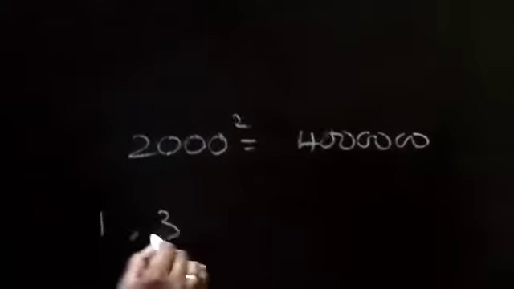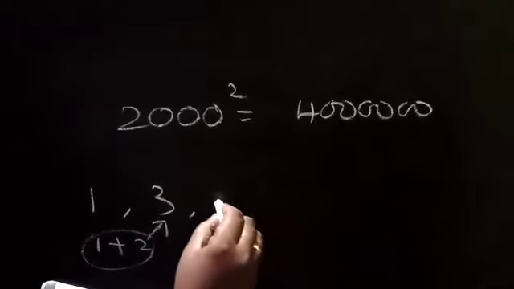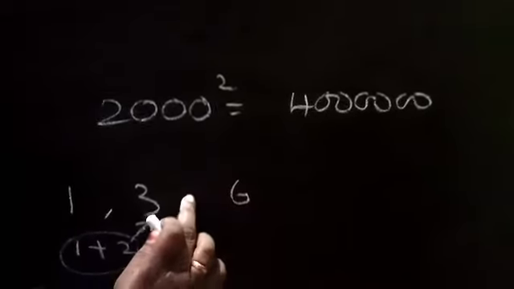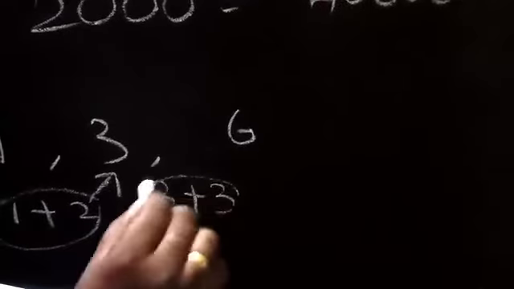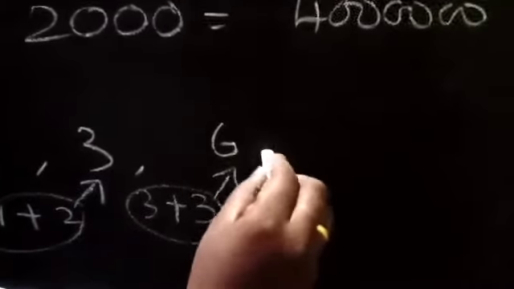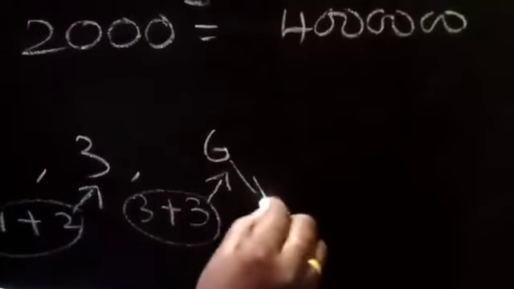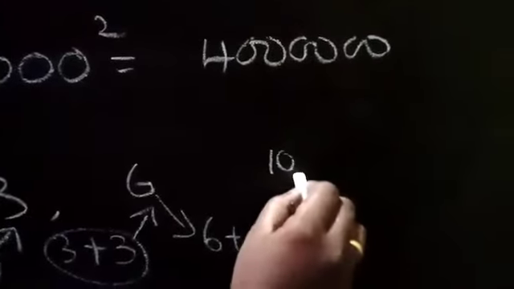See 1, 3 means 1 plus 2 will get 3. Next number 6 means this 3 plus, this is third, no? Second gap means we should write third, we should add 3 plus 3, 6. Next we should add, along with this 6, 4. 6 plus 4 we should add. So we'll get 10.